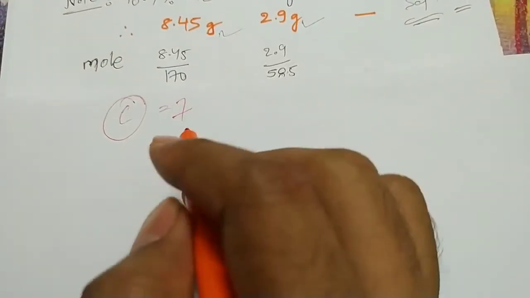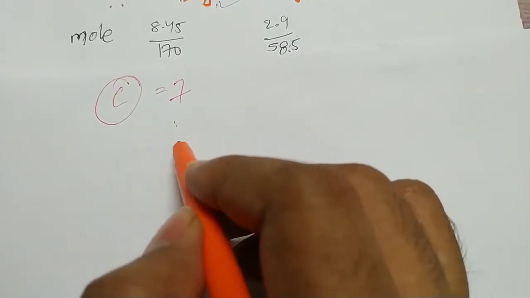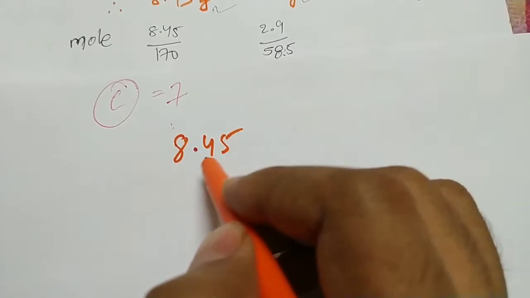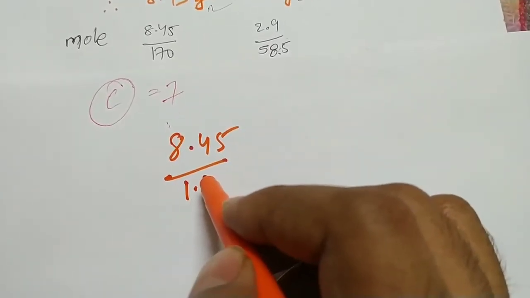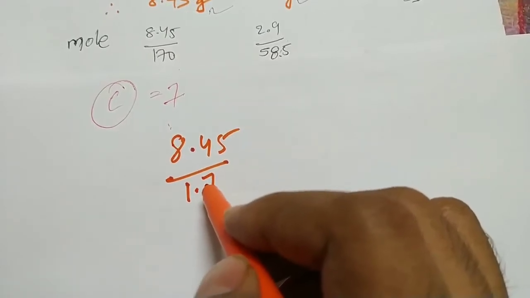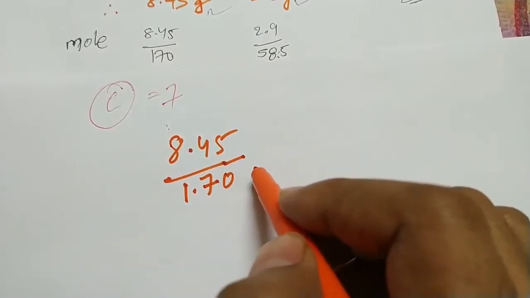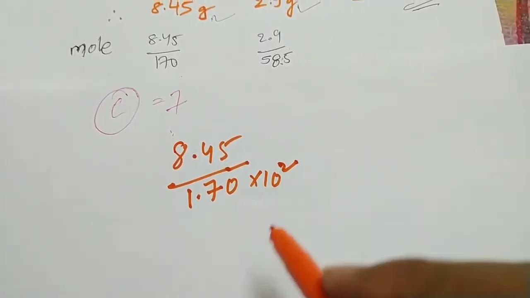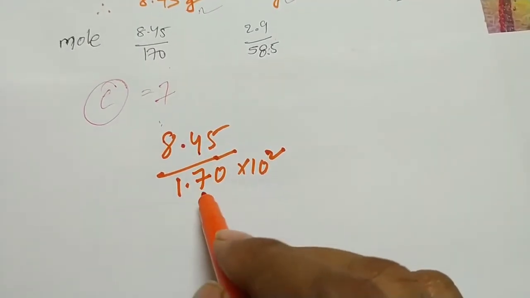8.45 upon 170. Now you can take this 8.45 upon 1.70 into 10 power 2, I can write it. After that, see, this is 8.4, this is 1.7.